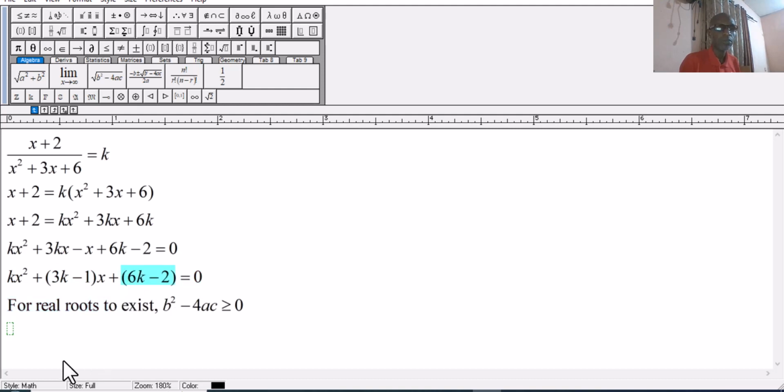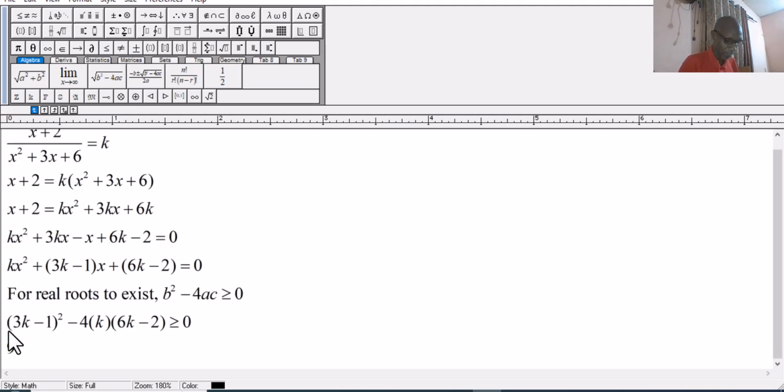So we now have (3k − 1)² − 4 × k × (6k − 2). Let's simplify.